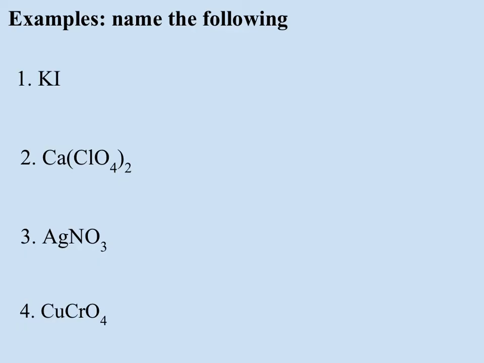So try naming the following, and go ahead and pause and see what you come up with for names, and I'm going to go ahead and write in my solutions now. So the first one would be potassium for my cation, and since it's not a transition metal, I don't need to worry about a Roman numeral, and then iodine would simply become iodide. Second one is calcium for my cation.